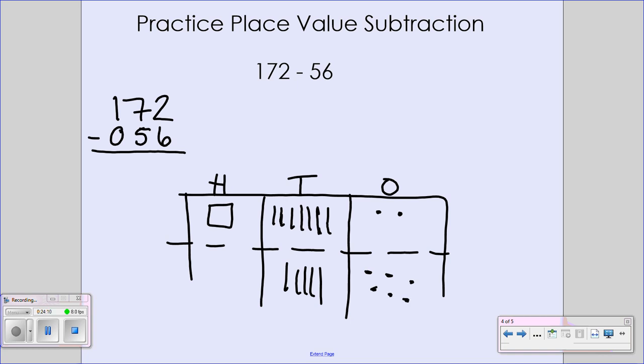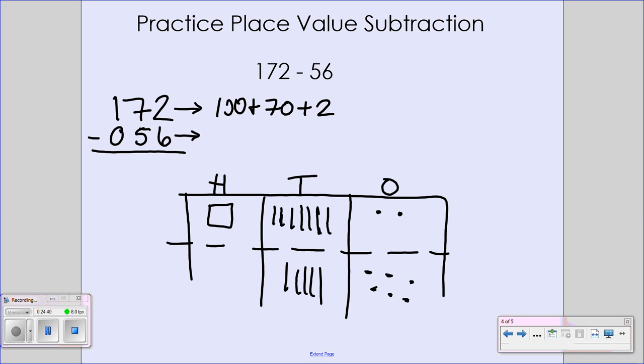Alright, we're going to expand out this number next to our equation. Now, even though we are doing subtraction, expanded form still has pluses in between the numbers. So if I expand this number out, it's going to be 100 plus 70 plus 2, because that equals 172.